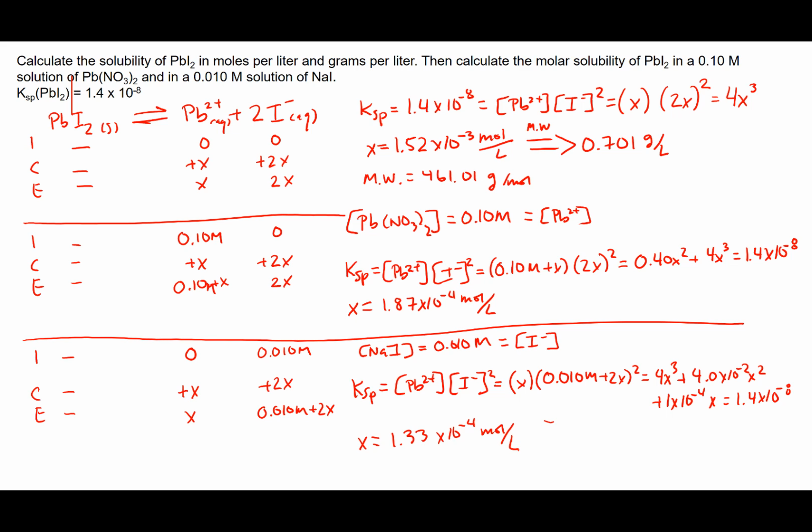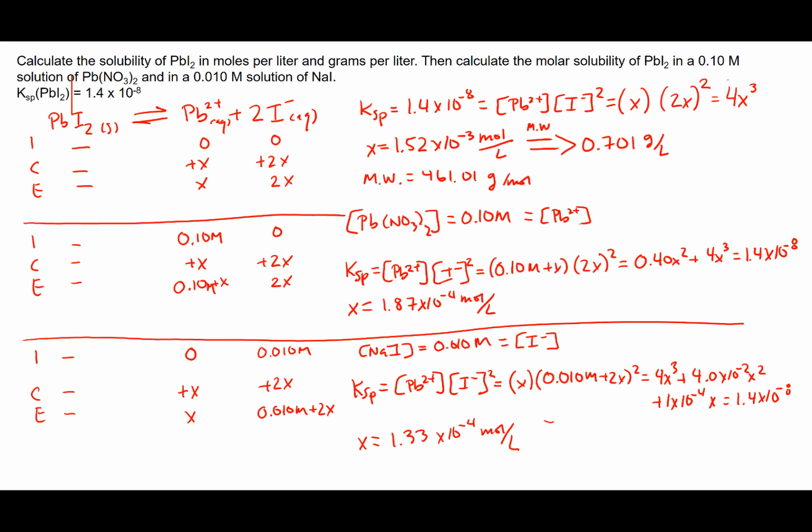One important thing to think about is that because there are two equivalents of iodide that get dissolved when you dissolve the lead iodide, it actually has a much greater impact on the overall solubility if there are some iodide ions already present. We can see from these examples that in the case of the lead nitrate, that's already a full order of magnitude, 10 times more in concentration for the lead ion compared to the iodide ion in the sodium iodide case.